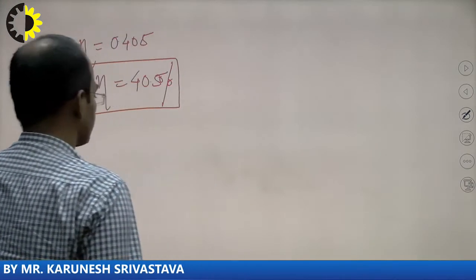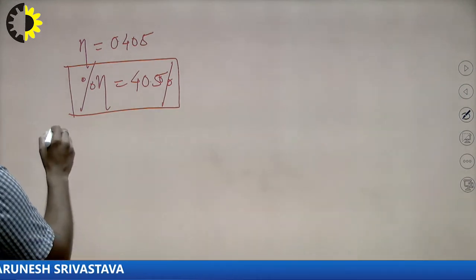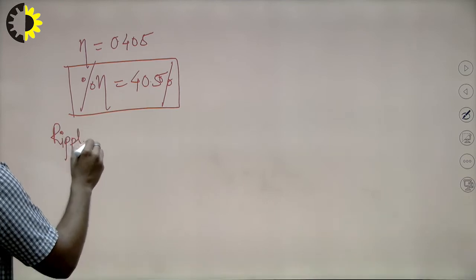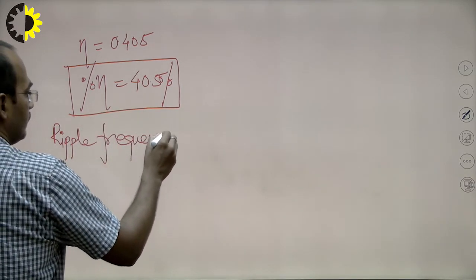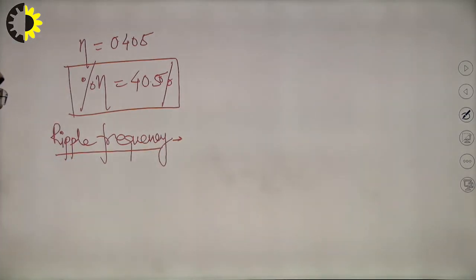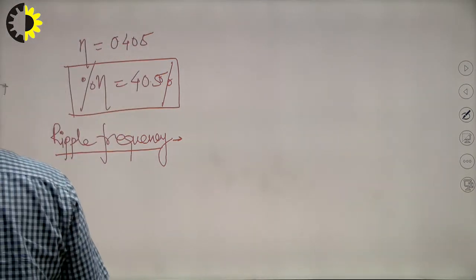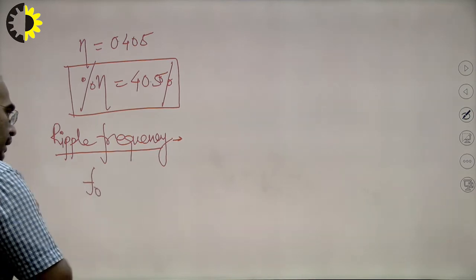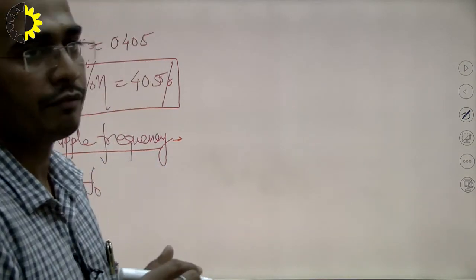Now, come to the last parameter, that is ripple frequency. What will be the ripple frequency? Ripple frequency is nothing but the output frequency. So, I have to find the output frequency or ripple frequency in terms of input frequency.